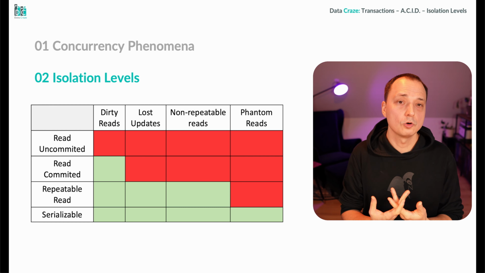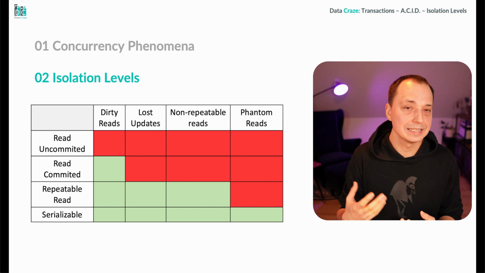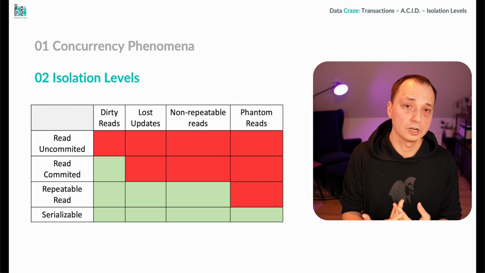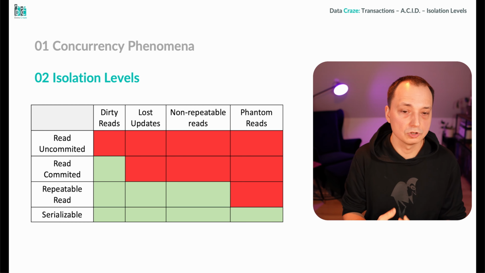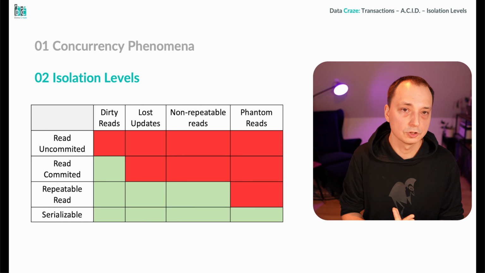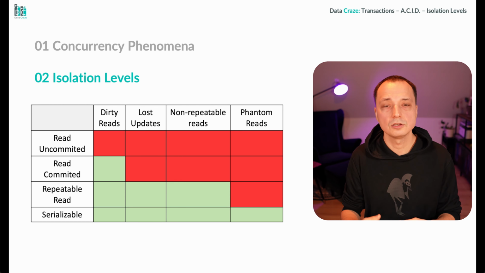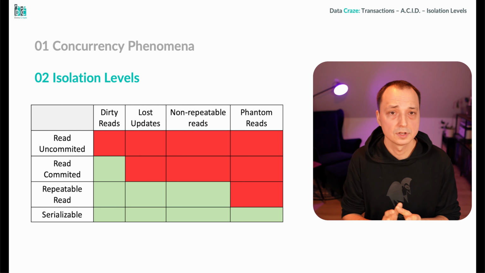When read committed is selected, dirty reads are not allowed to happen. But lost updates, non-repeatable reads, phantom reads can occur. Repeatable read, in this case, only phantom reads can occur. And in serializable isolation level, we are protected from everything.